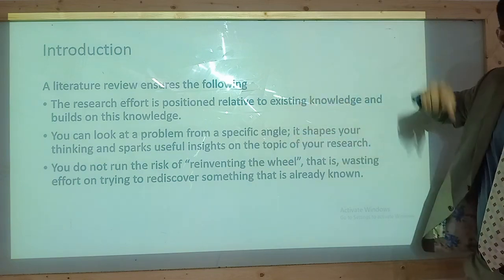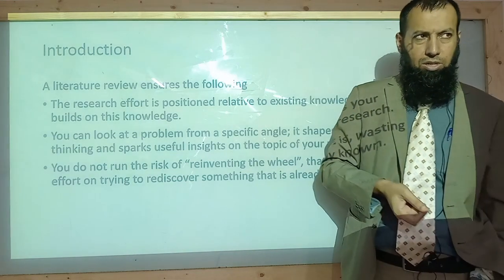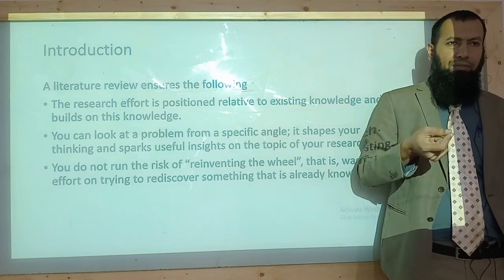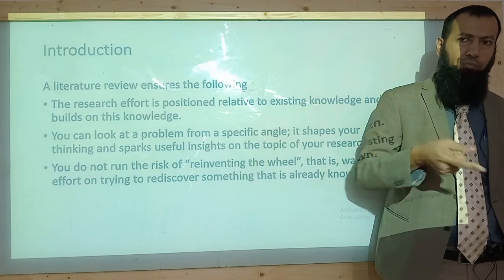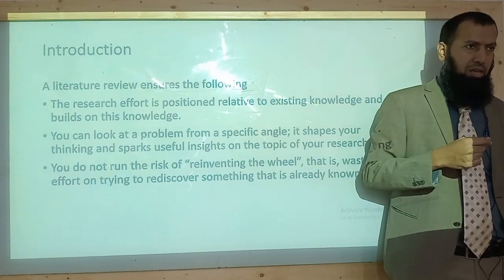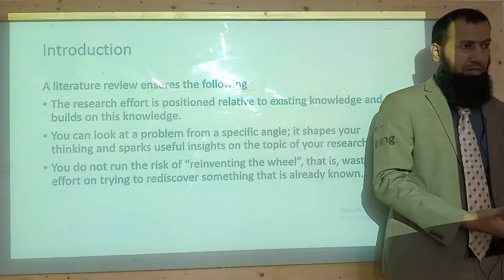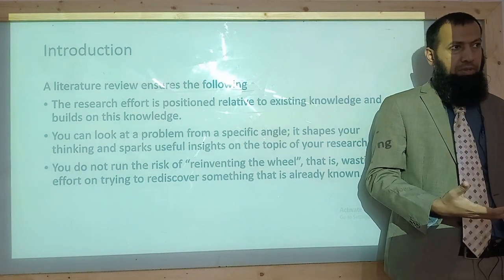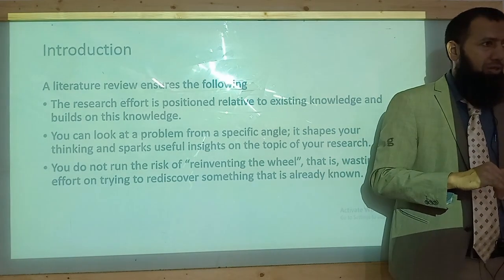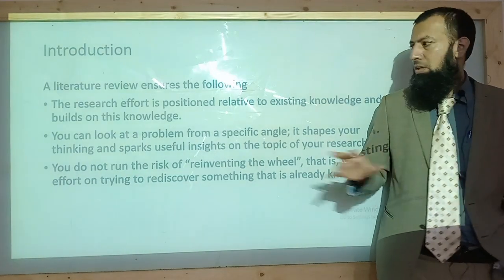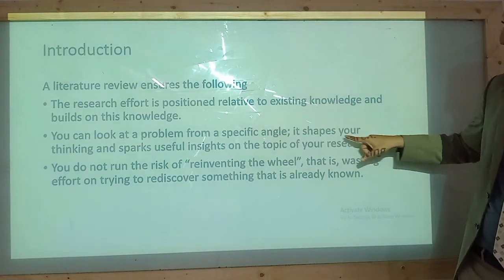He never says this is correct or wrong; he makes his point, or rejects an idea, on the basis of previous researchers' outcomes. You can look at a problem from a specific angle.